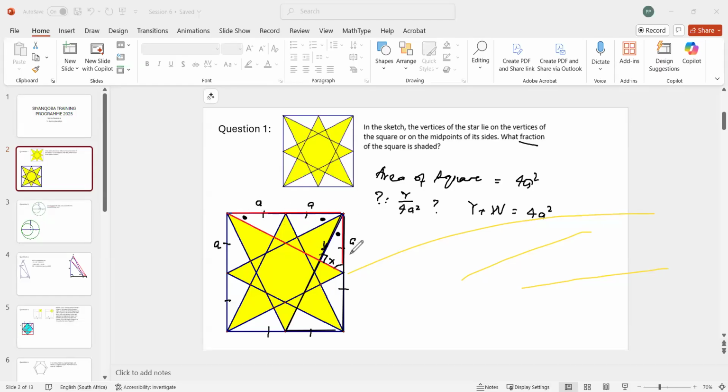Now, the large triangle, you will notice that the long side is twice the short side, because this is 2A and this is A. For construction, this is the midpoint. So long side is twice the short side. So even in the small triangle, which is similar, the long side Y will be twice the short side.